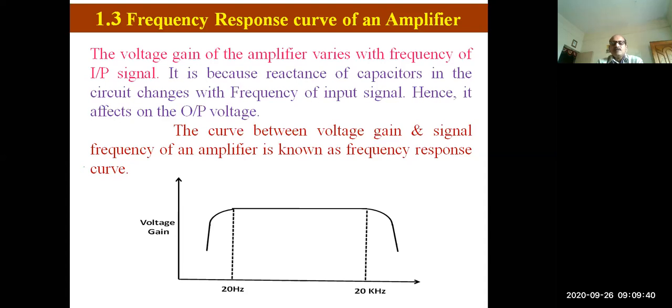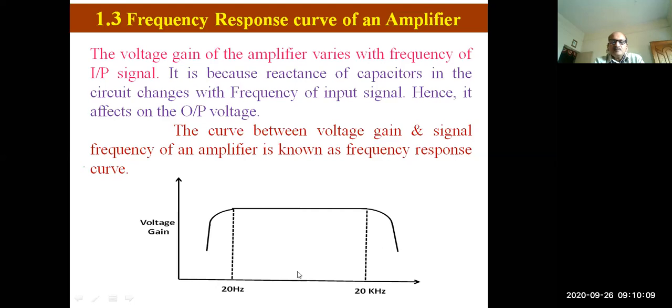Due to the change in reactance, the output voltage changes, hence gain changes. And here we have to draw the frequency response curve of a typical amplifier.